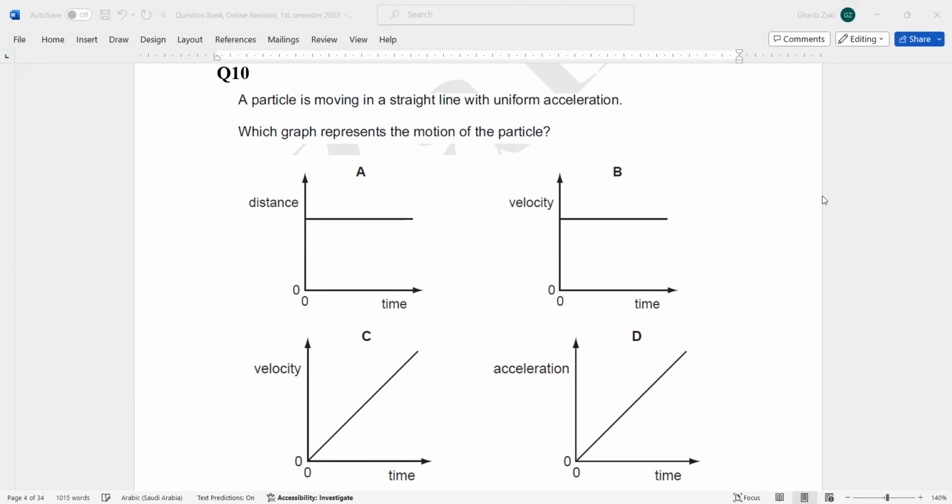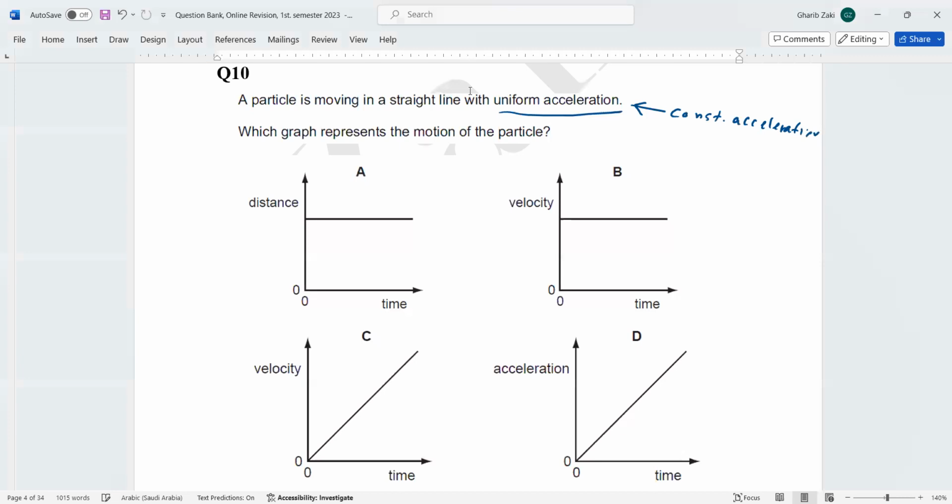Question number 10. A particle is moving in a straight line with uniform acceleration. Take care, he said uniform acceleration. Uniform acceleration means constant acceleration. This is a velocity time graph, and also here, a distance time graph.